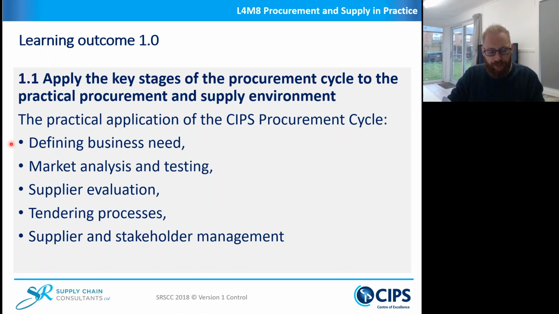Okay, so defining the need, it might be a requisition. It might be a straight system, an inventory system or a stock system that identifies this need. Lots of organisations will have an MRP system, a materials requirement planning system, and effectively all that does is it looks at what we're forecasted to sell or forecasted to use in production or forecasted to need.